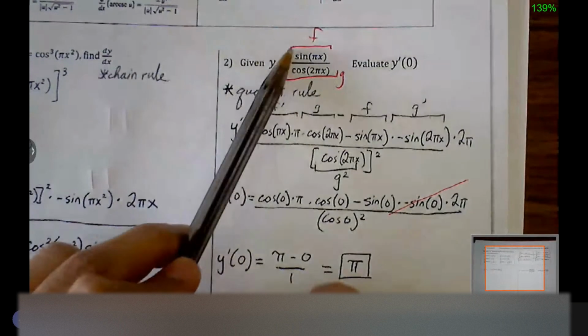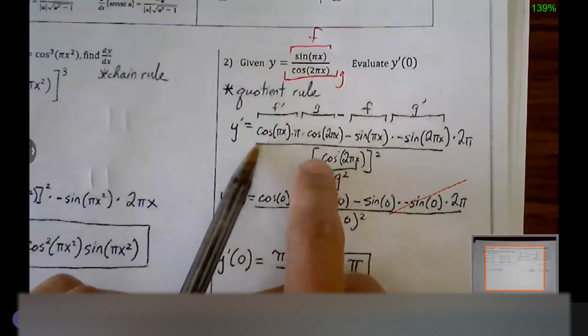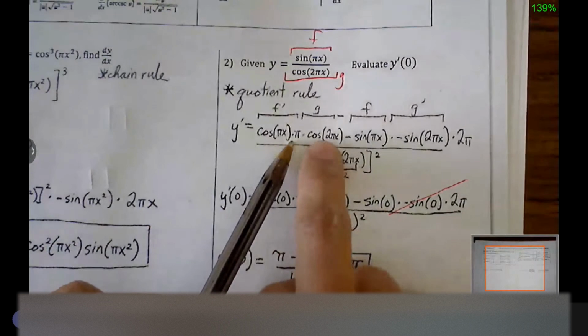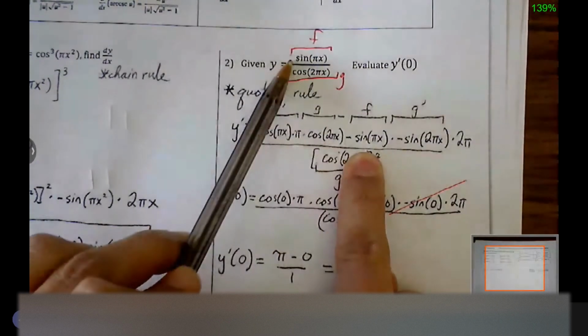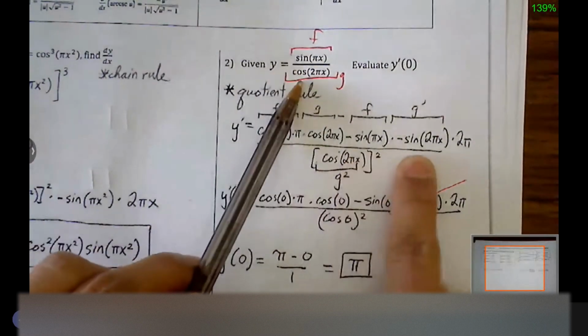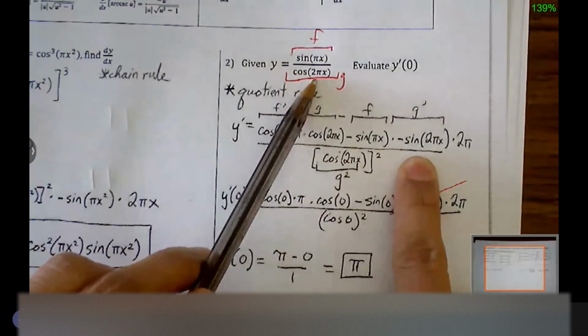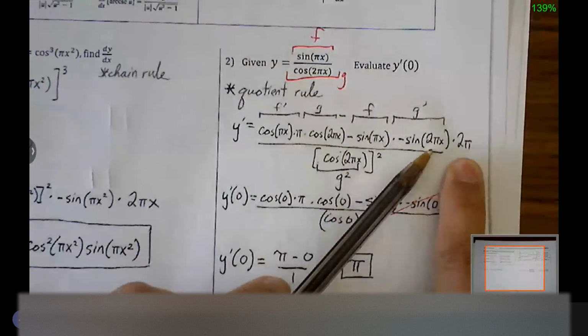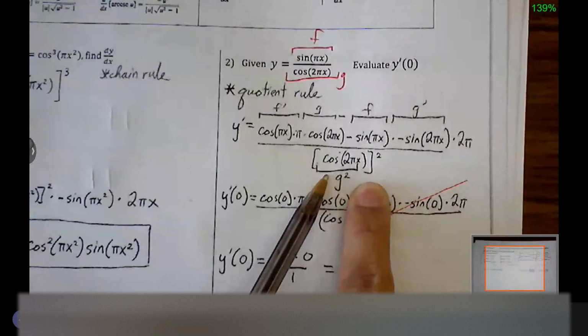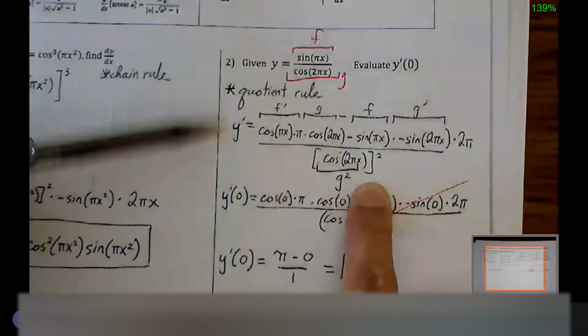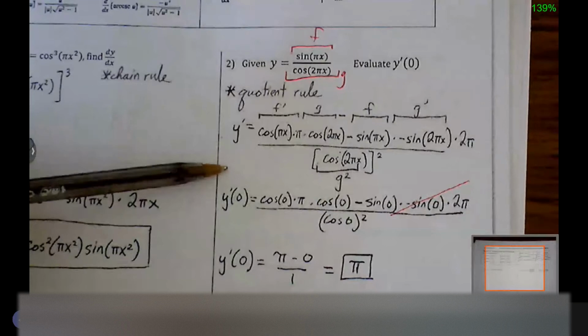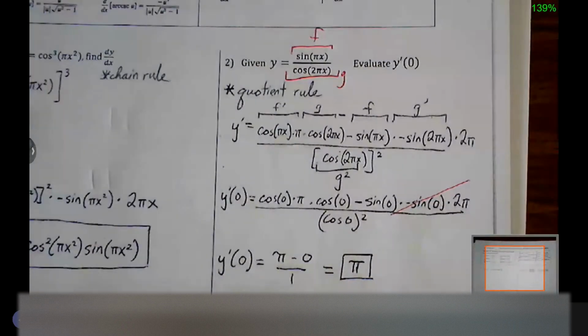Going through quotient rule here, f prime, sine pi x becomes cosine pi x times pi. We keep the original g function, minus the original f times g prime, cosine of u becomes negative sine of u times u prime, all over denominator squared. Okay, any questions up to that derivative portion? Okay, next step, replace all the x's with 0.